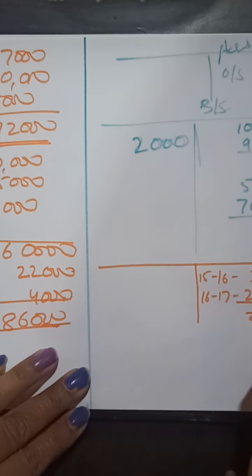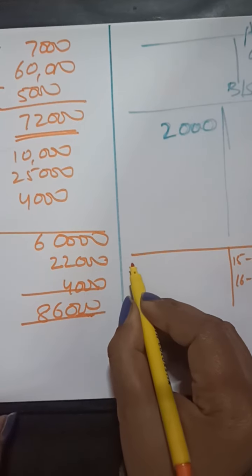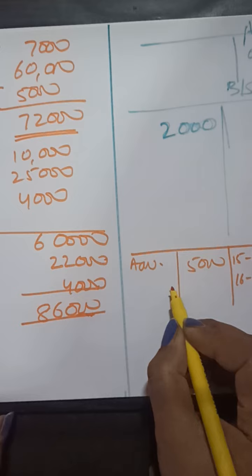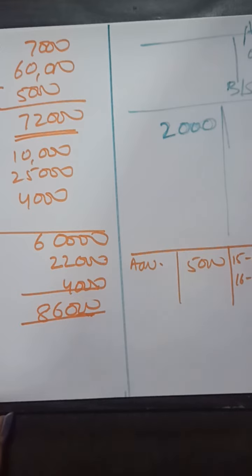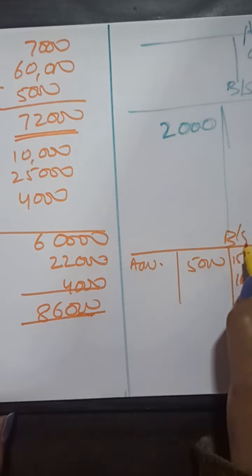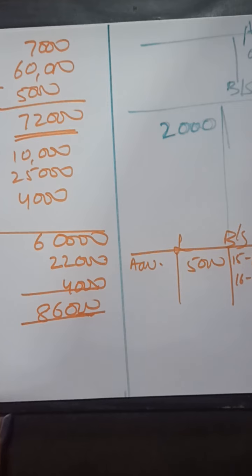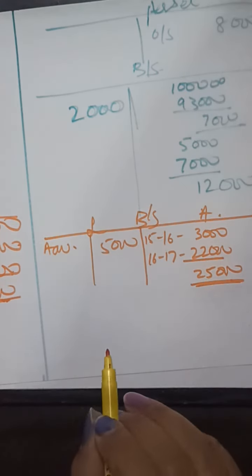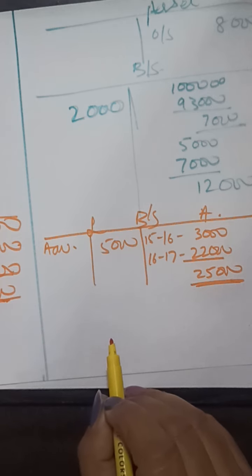So it is 25,000. This comes on the asset side, and received in advance, 5,000, comes on the liability side. This is the balance sheet. This is liabilities, this is assets. That is how you will show it in the balance sheet.